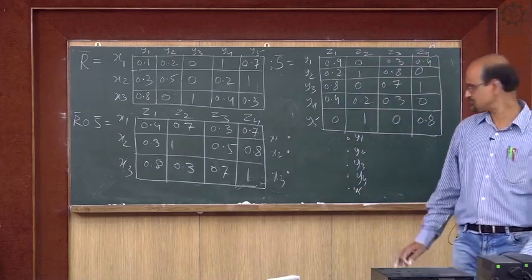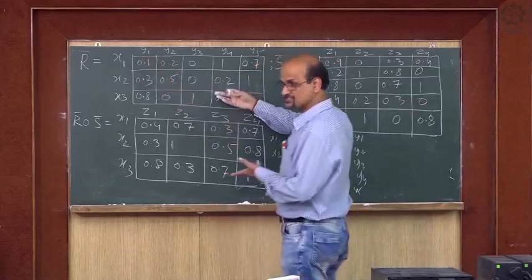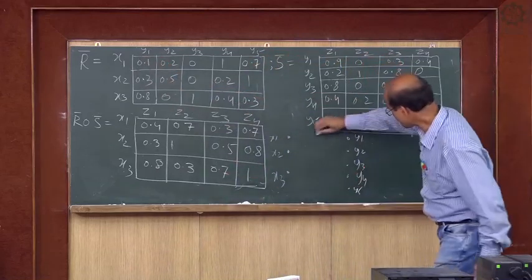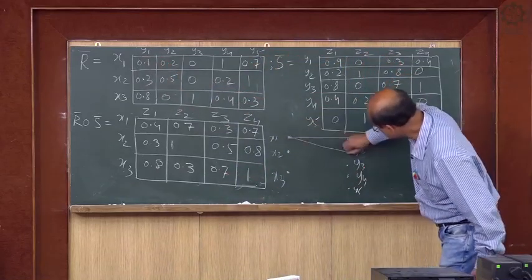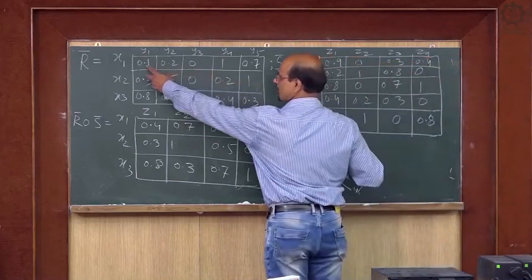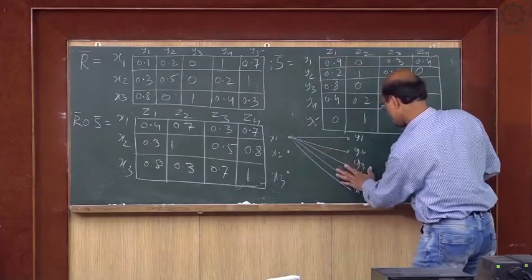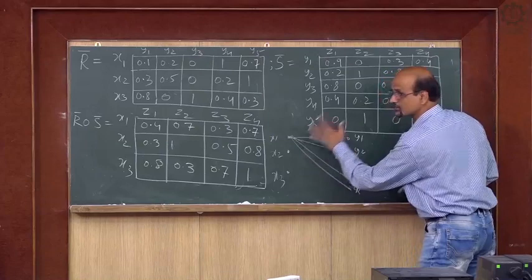These are the 5 values, these are the 3 values. For each connection you have a strength: if I connect x1 and y1 like this, the strengths are 0.1, 0.2, 0. So x1 and y3 should not be there, this relation is not there.